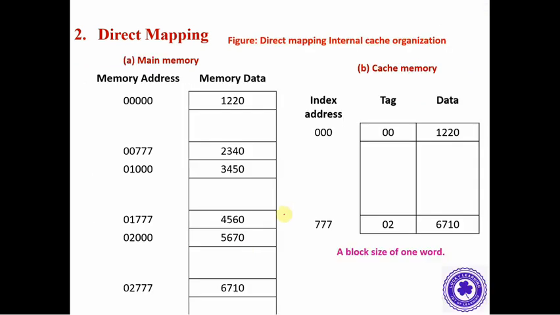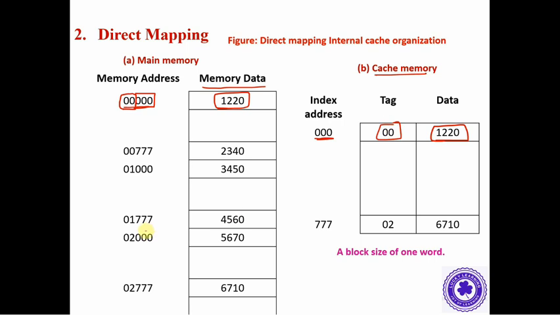Now look here: this is main memory, and this is the cache memory where we have to store the memory word. This memory word, 1220, is stored directly at cache address 000, and the two most significant octal digits are used as the tag.